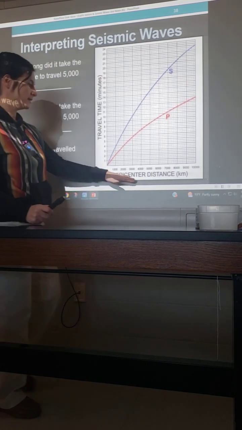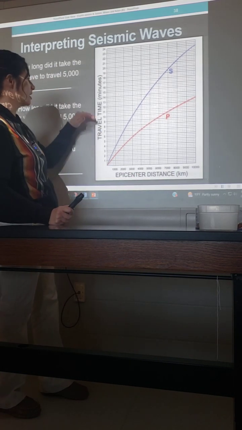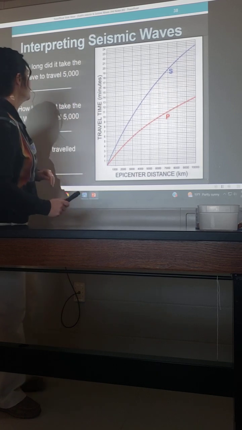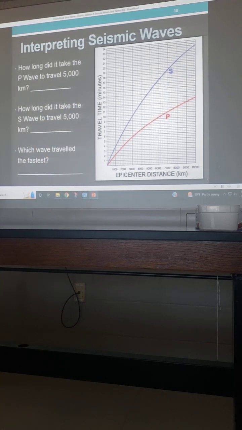I'm looking at distance in kilometers and time traveled in minutes, and it says how long did it take the P wave to travel 5,000 kilometers. I'd like you to try this one. I want to see everybody try it. You have the graph on your paper.